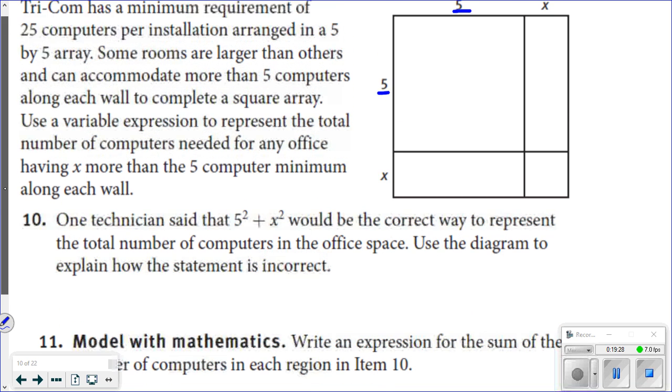So these boxes are a little different looking than before because I made all my boxes the same size. But go ahead and try to fill in these boxes. So multiply your side times side.